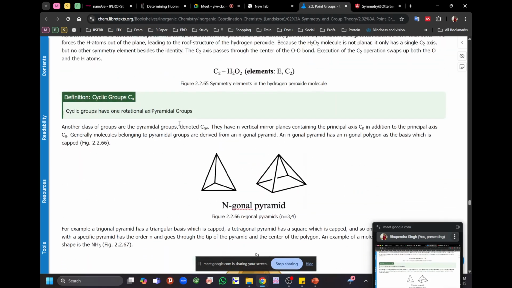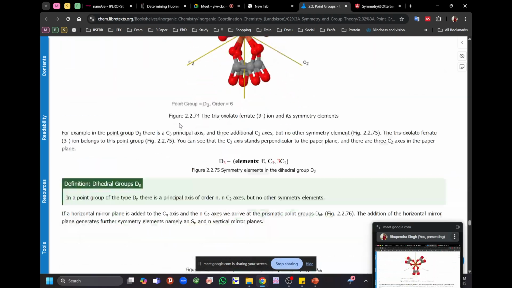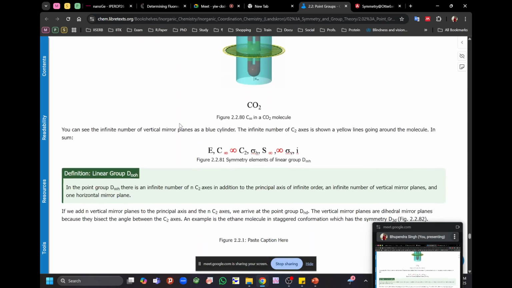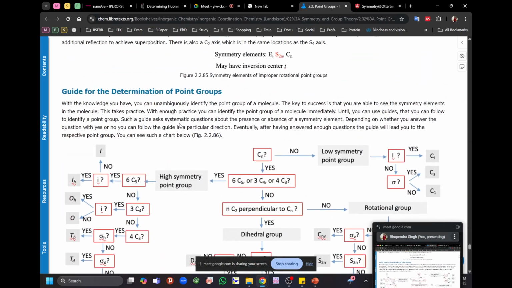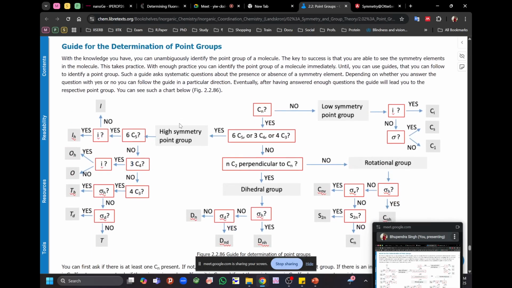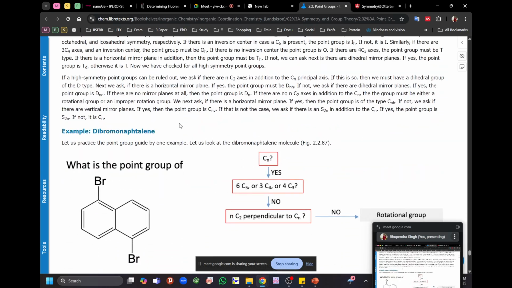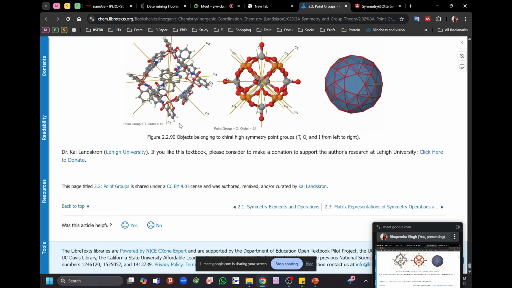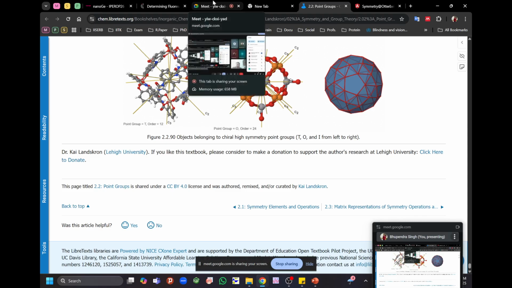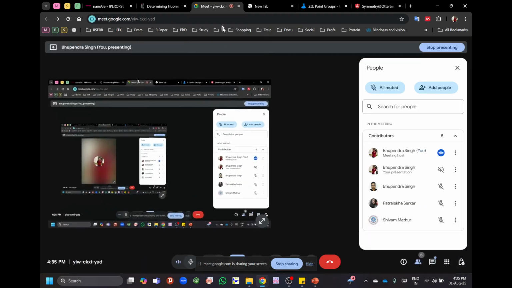Anyway, okay. So I think what I wanted to show, this is the determination of the point group. What I wanted to show, I have shown you anyways using those two links.